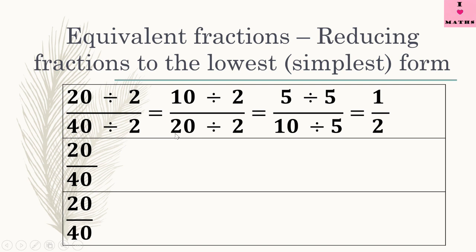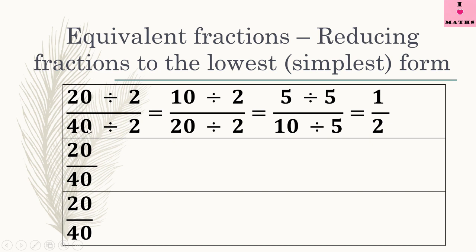It means total parts are 20. Out of that, selected parts are 10. So 10 is half of 20. It means this fraction also means half. Look at this fraction, 20 upon 40. It means total parts are 40 and out of 40, 20 have been selected. It means out of 40, half have been selected.